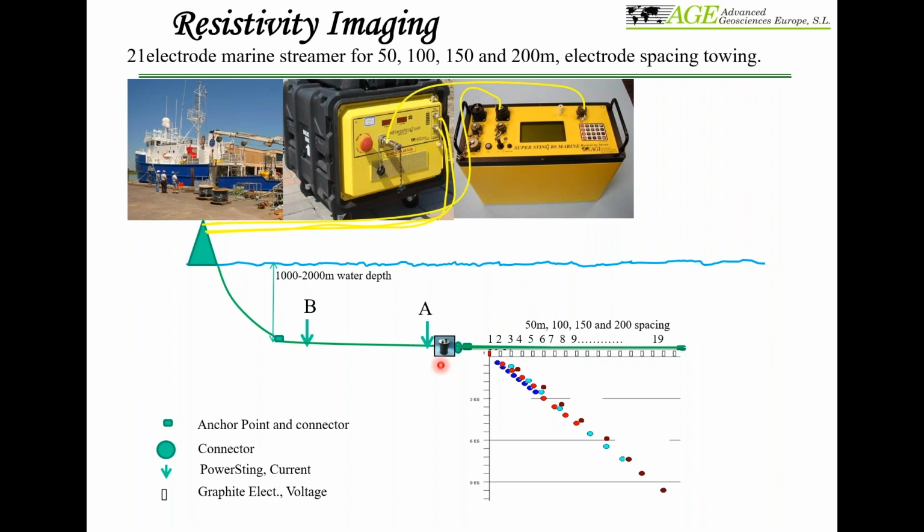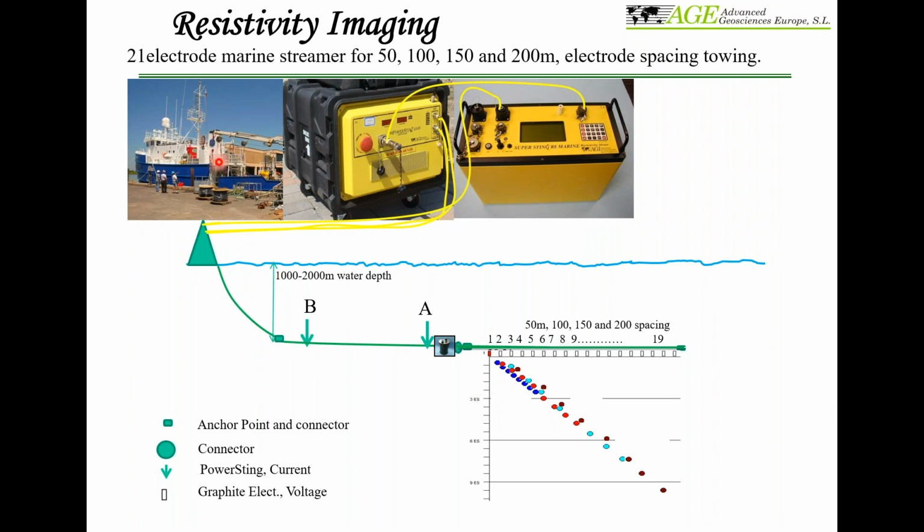There are two options for doing this. You can put your PowerSting on the boat. Here you can see the A-frame. You need an A-frame boat because you have to lift and put these heavy cables and system under the ocean, control everything, and sometimes tow a very long cable.